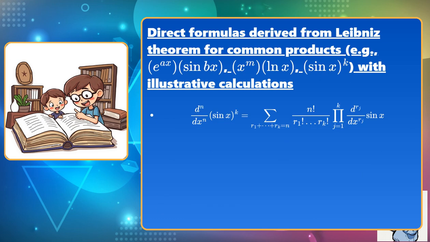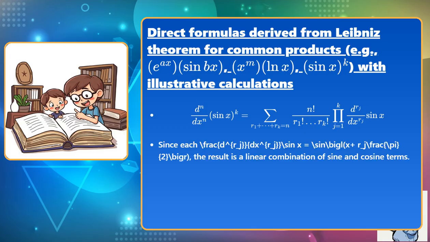The nth derivative with respect to x of sine x to the k equals the sum over r sub 1 plus through r sub k equals n of n factorial over r sub 1 factorial through r sub k factorial, times the product from j equals 1 to k of the r sub j th derivative with respect to x of sine x.